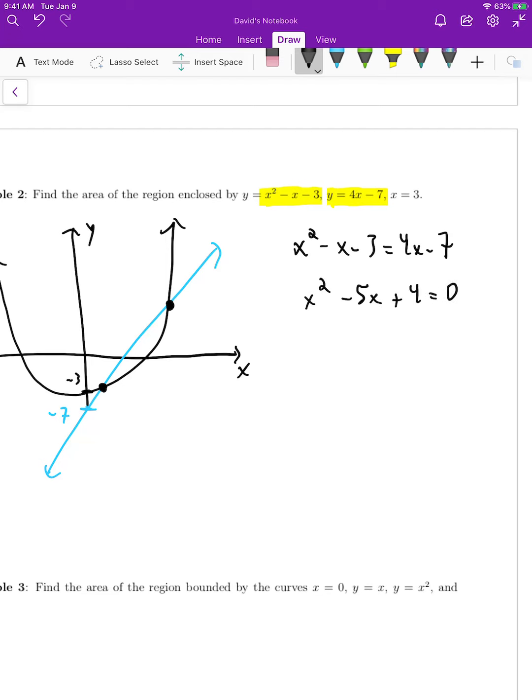So if I factor that, I get x minus 1, x minus 4 is 0. So the intersection points are x equals 1 and x equals 4. So there's a 1. There's a 4. Okay, so if you just blindly went ahead like we did last time, you would go from x equals 1 to x equals 4.